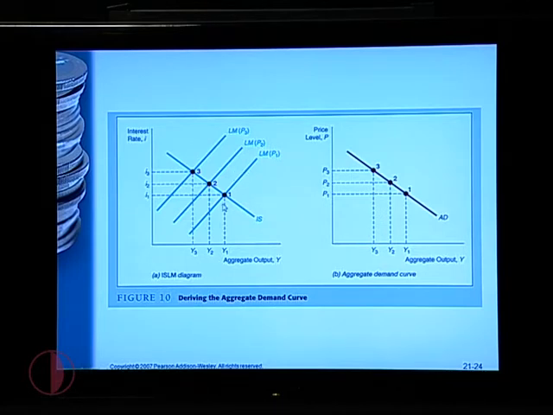It shifts leftward from 1 to 2 to 3, depending on the level of interest rate. At this price level, P is plotted against aggregate output, where the aggregate demand AD is at points 1, 2, 3. At 1, Y1 is attained. At 2 it decreases, and also at 3, as the price level goes up.